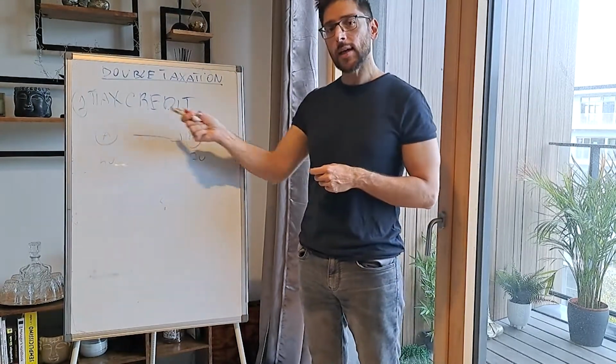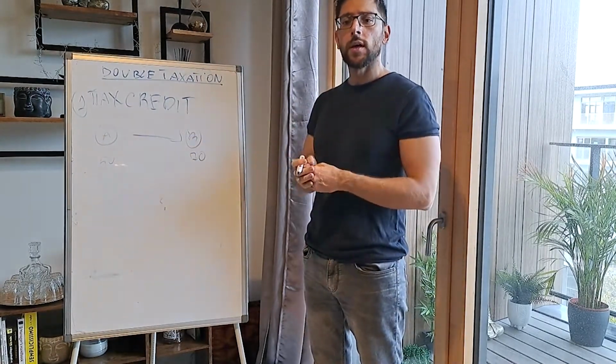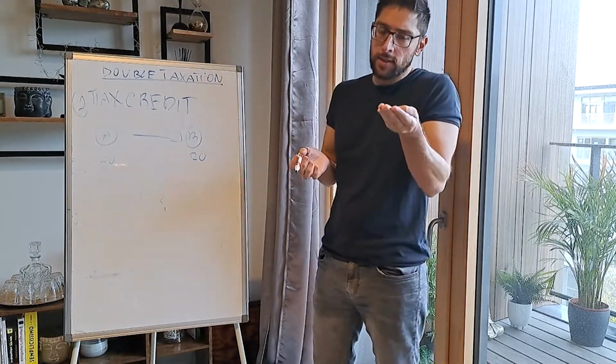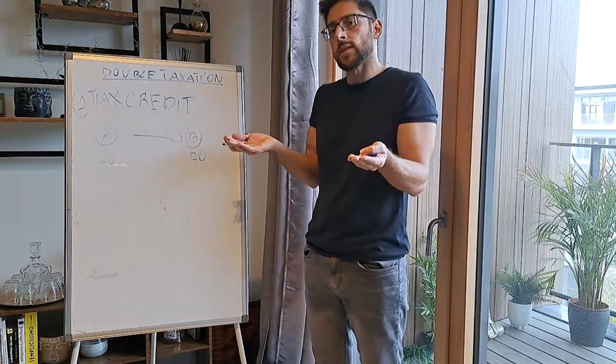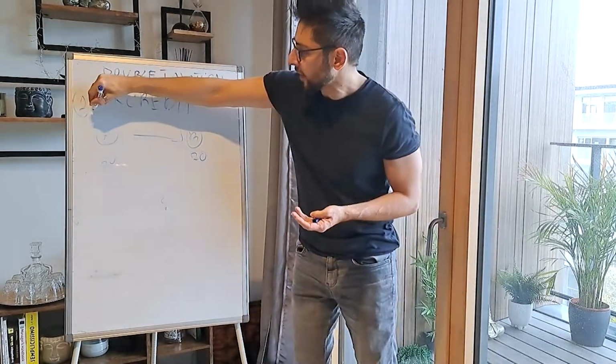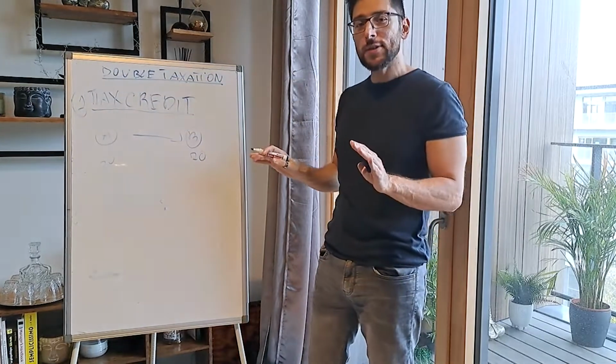Between country A and country B, there is an agreement to avoid double taxation, to avoid the fact that one is asking you for territorial taxation and the other one is asking you for worldwide taxation. They resolve this problem by applying the tax credit method, which is very, very simple.